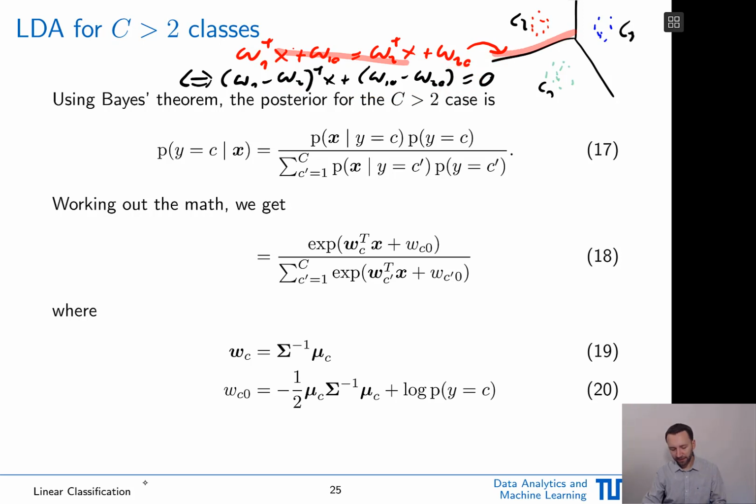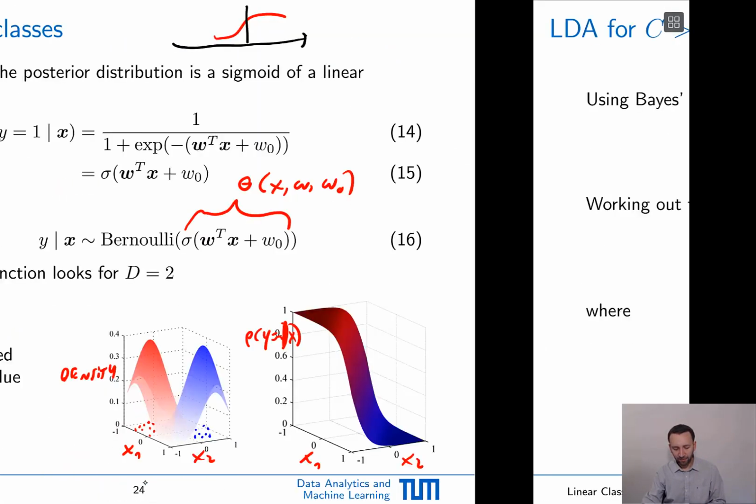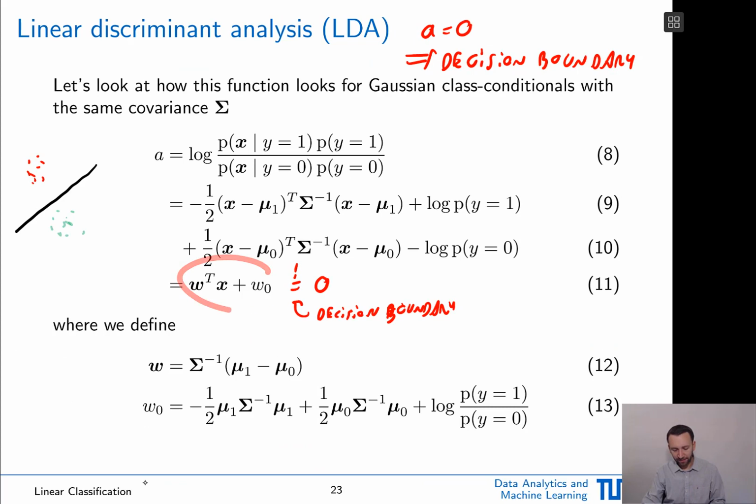So this is some constant normal vector times X plus some offset equal to 0. So this is again a linear decision boundary between these two classes, right? It's between these two classes. Okay. So again, please be careful that in these drawings, these lines follow implicitly by solving this, putting everything on one side. While in this case, we already did this a priori because we know that one is the other one minus one, or one minus the other one. And then we immediately get this solution.